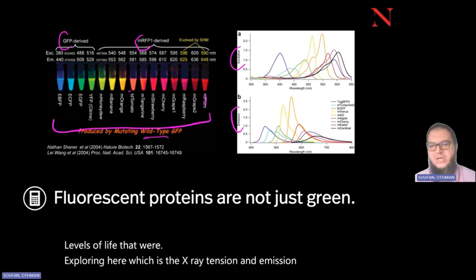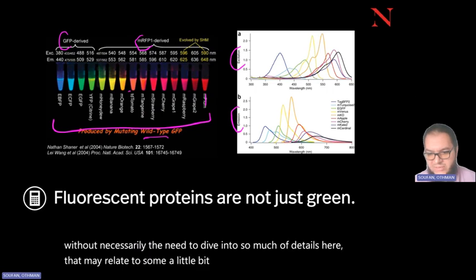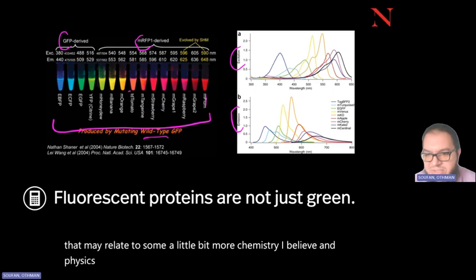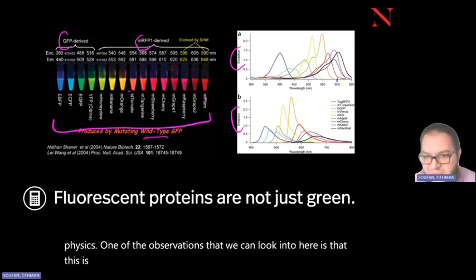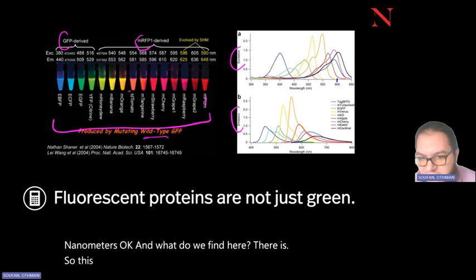Now, without necessarily the need to dive into so much detail here that may relate to more chemistry and physics, one of the observations that we can look into here is that this is 600 nanometers. And what do we find here? So this wave, I'm trying to check, it's mCardinal color, so this is the one.